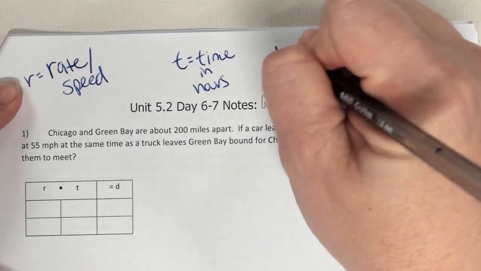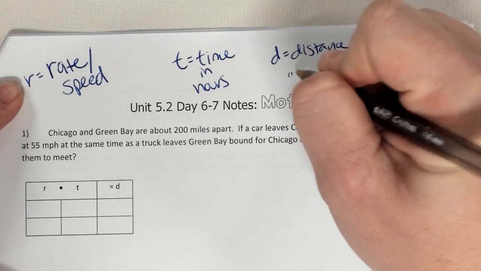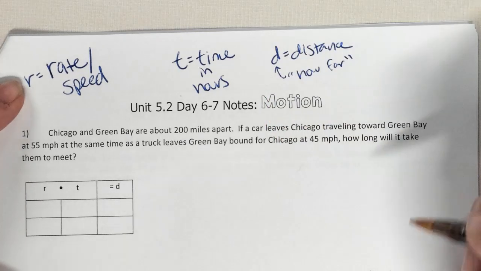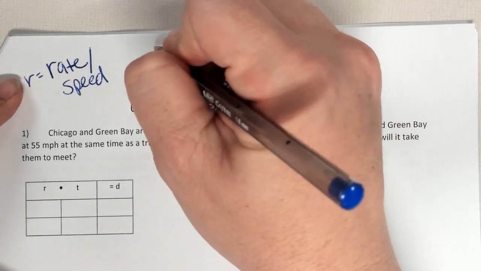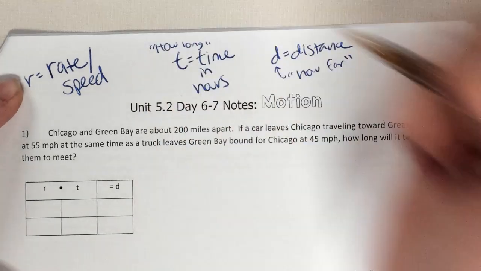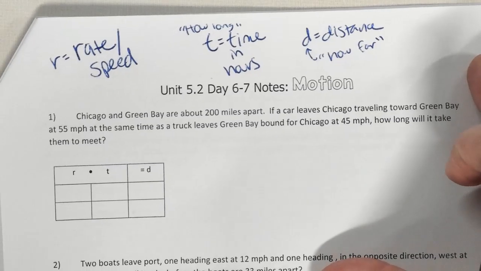And d is your distance. So if you see how far, we're talking distance, right? If you see how long, we're talking time. I guess if they say how fast or how slow, they could talk rate, but you don't really see that. Okay, any questions with those?